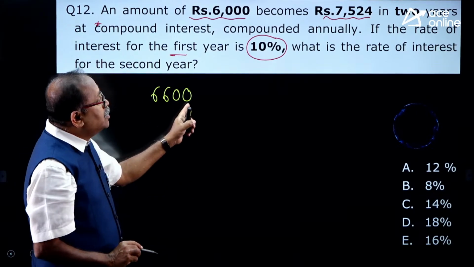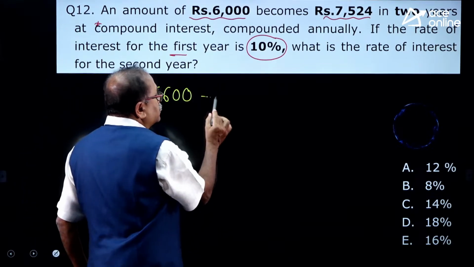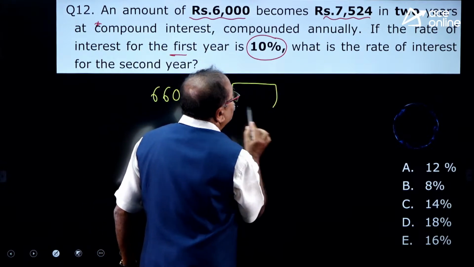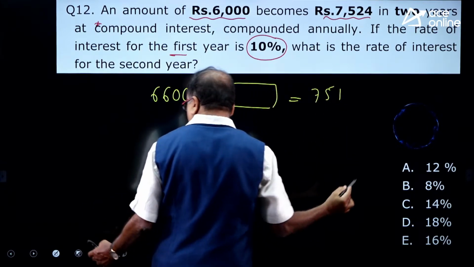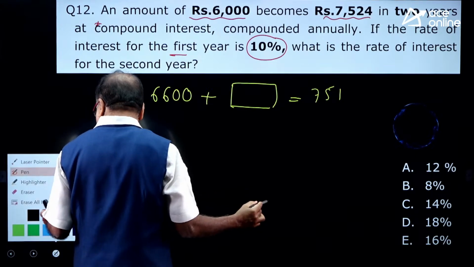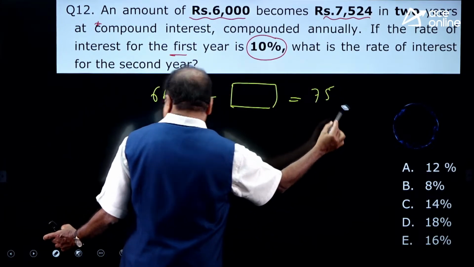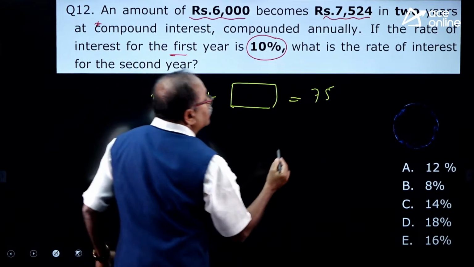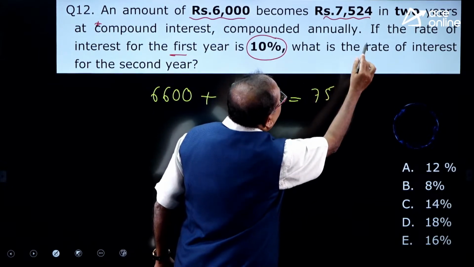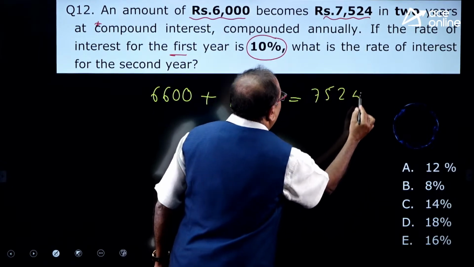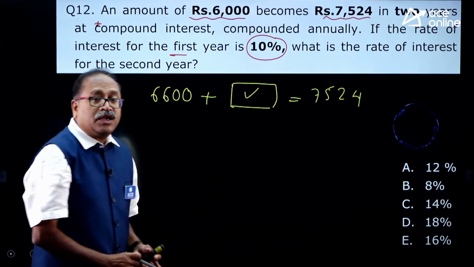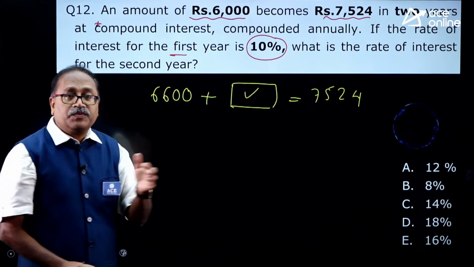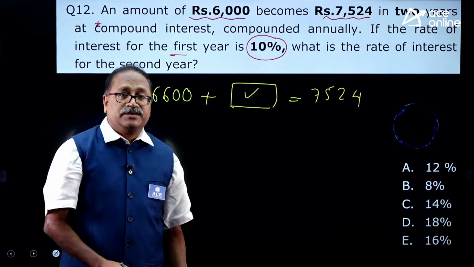In this you are paying certain interest, and that becomes 7,524. Now you can find out the interest, and you have the principal, so you can find out the rate of interest.